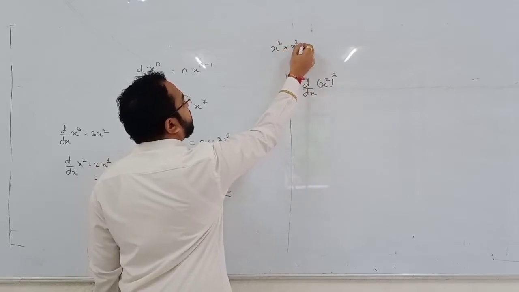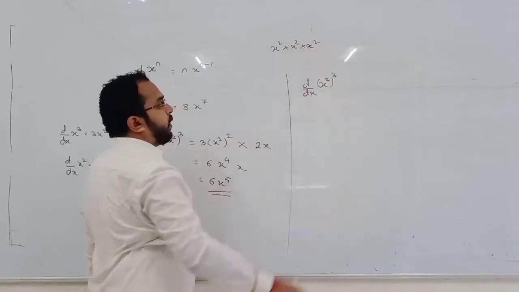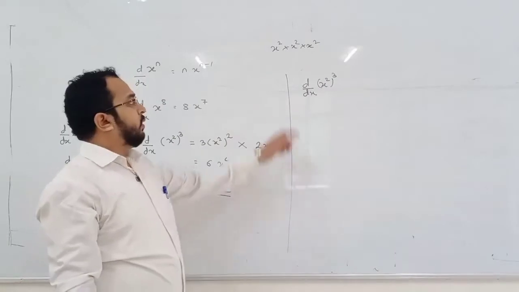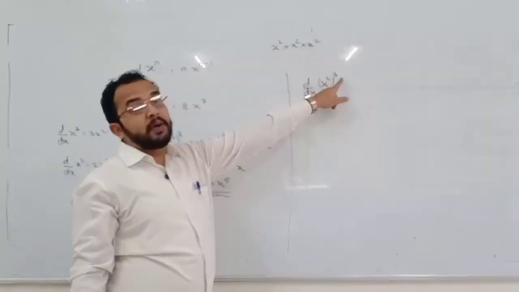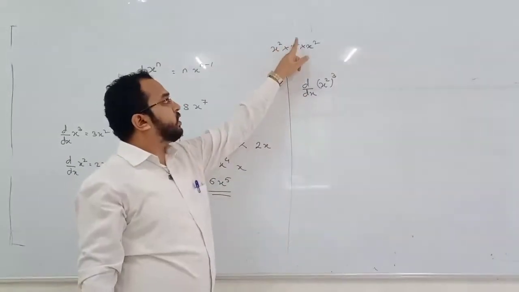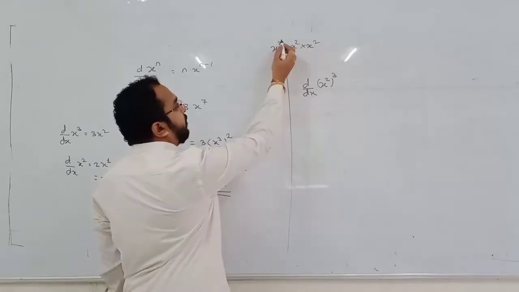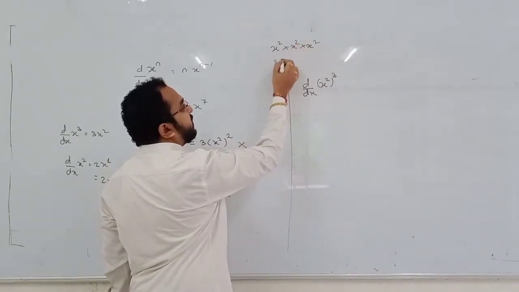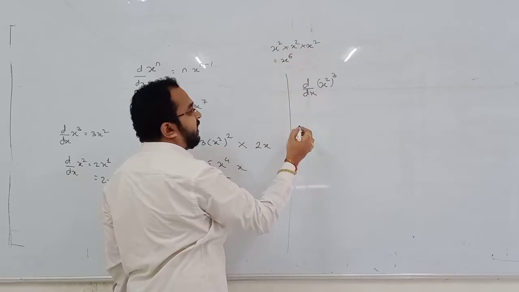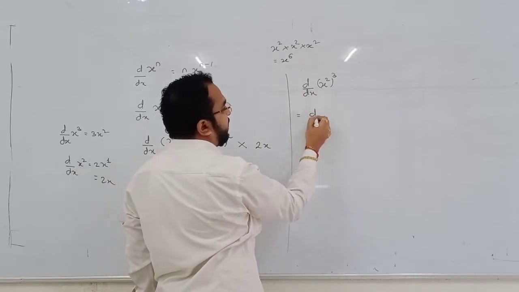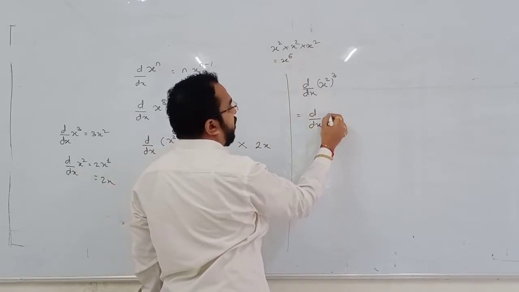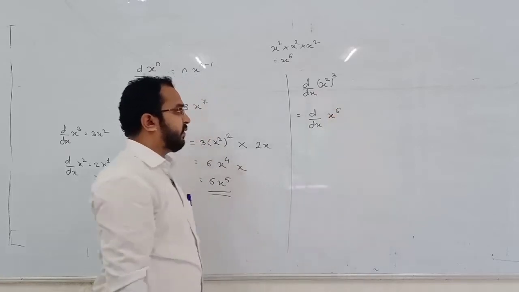That means x square into x square into x square, 3 times. x square cubed is x square 3 times. 2 plus 2 is 4, 4 plus 2 is 6. So total 6 x are there. So we can write this question as differentiation of x to the power 6.